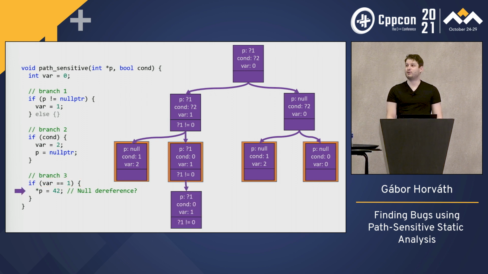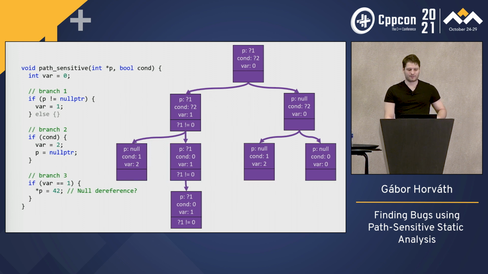So in this case, there is only one state where we can enter this branch, and in this state, the value of the pointer is guaranteed to be not null. So basically, this was the tricky part of the path-sensitive analysis. We have to figure out which of the states can reach certain program points.